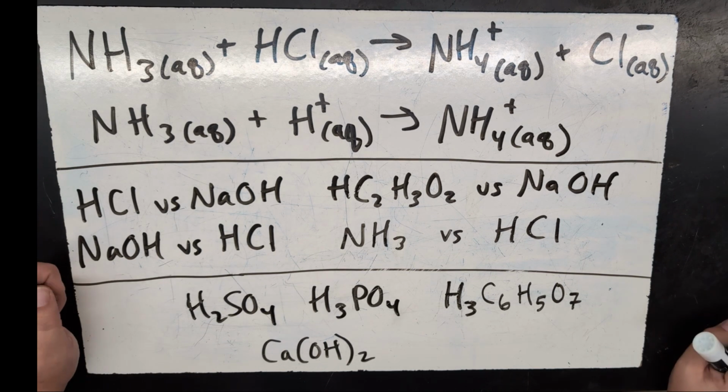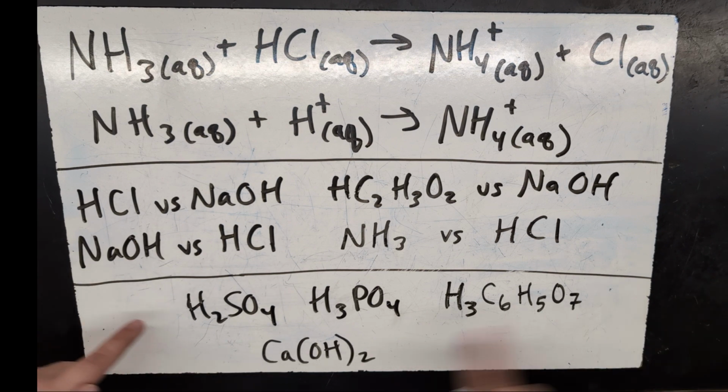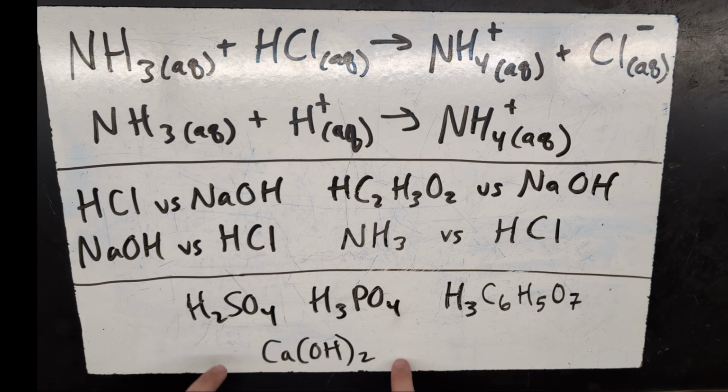Some other ones that I've done in the past, especially if you want to look at the difference with diprotic or triprotic acids, or if you want a dibasic, like sulfuric acid, phosphoric, this is citric acid, calcium hydroxide, if you have access to that, is an interesting dibasic one as well.